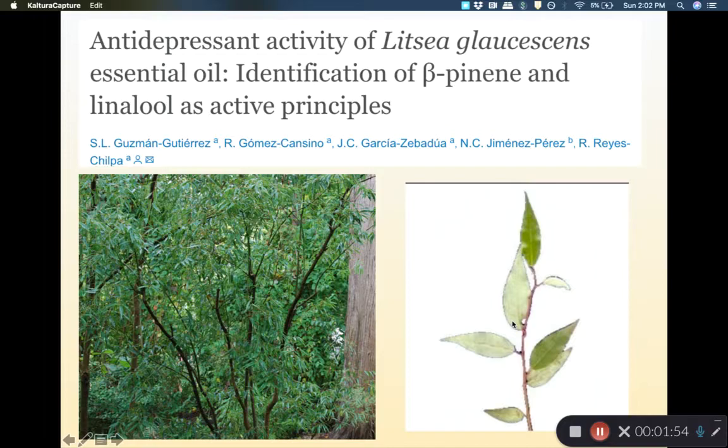Interestingly, the researchers in Mexico have actually been able to isolate beta pinene and linalool as active components that do in fact have activation in mice and show that they can be used to help with depression in mice.